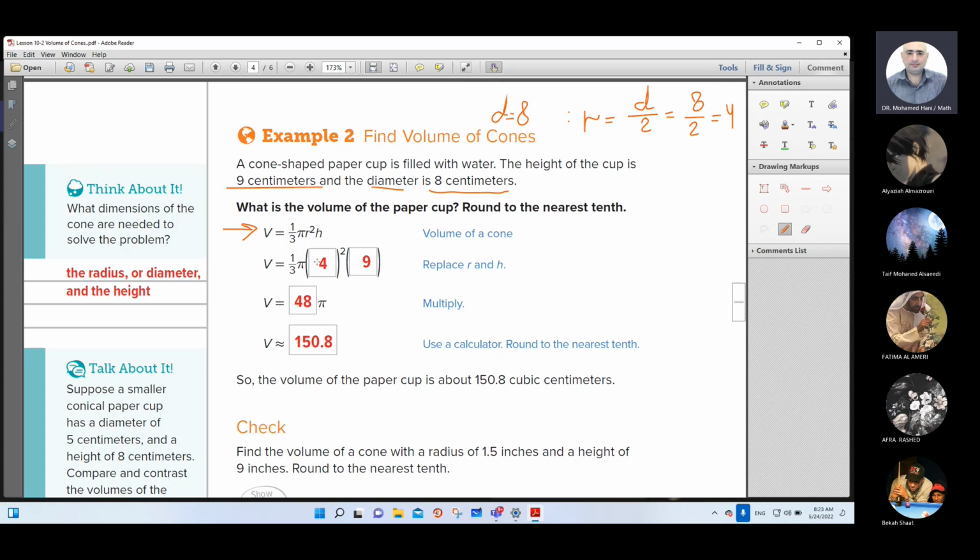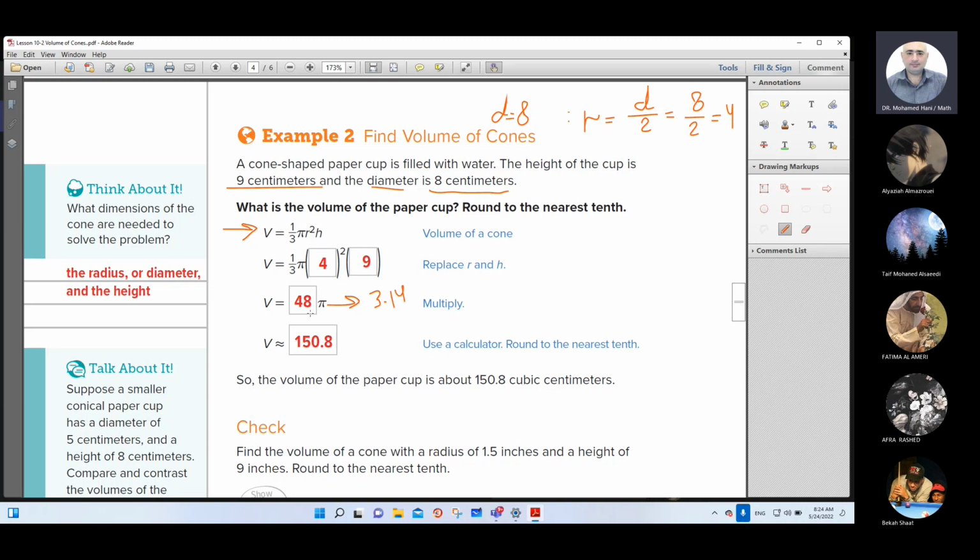So the r will be 4. R squared means 4 squared. And what is the value of h? Will be 9. So 9 times 4 squared times 1 divided by 3 will be 48 pi. What is the value of pi? 3.14.